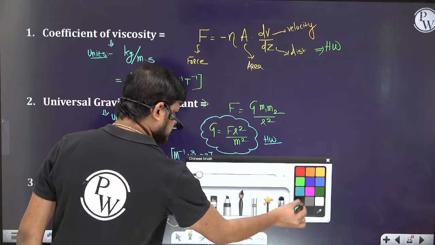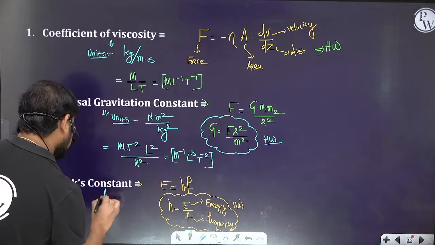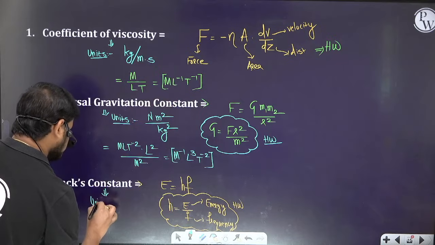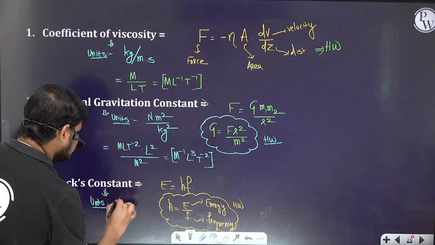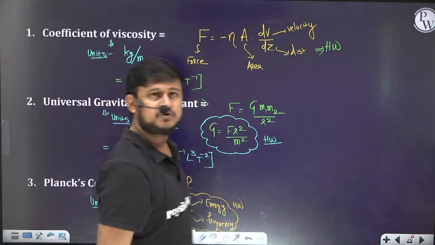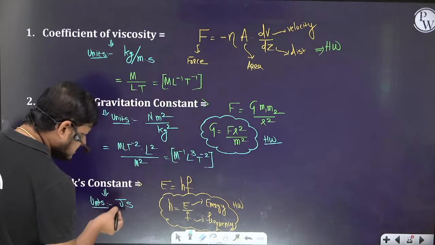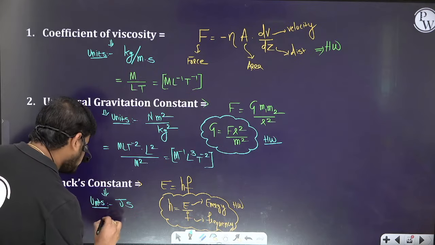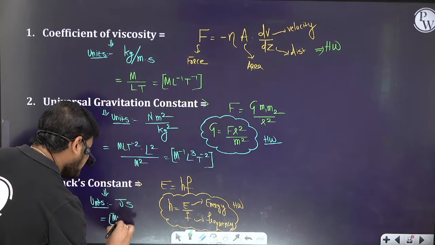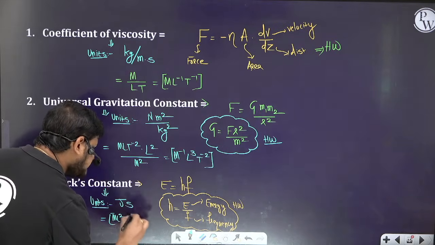To remember easily, I'll just remember the units of this: joule second. Joule is a work, which is M L square T to the power minus 2, and second is time.